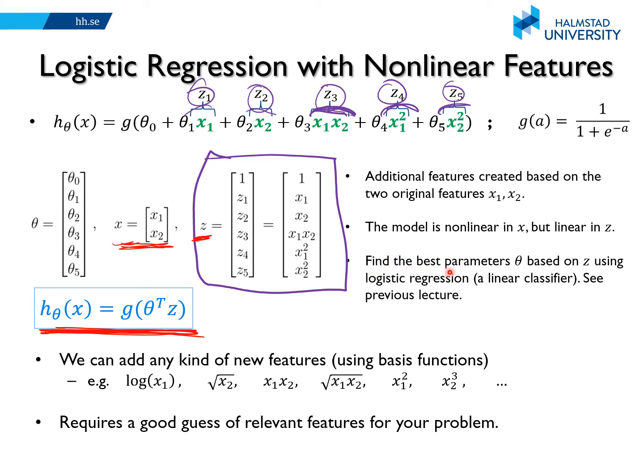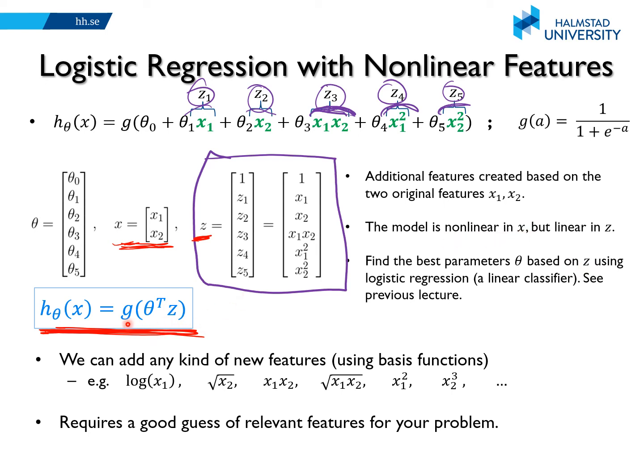We can easily find the best parameter vector theta based on our new data z, by minimizing, for example, the cross entropy cost function. And the model we get will be a linear model in z but a nonlinear model in x.